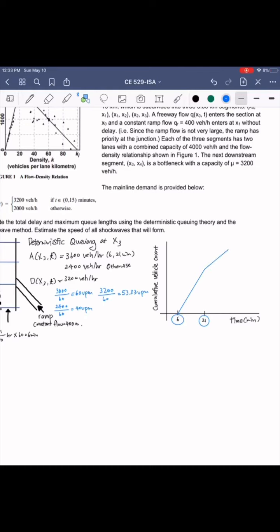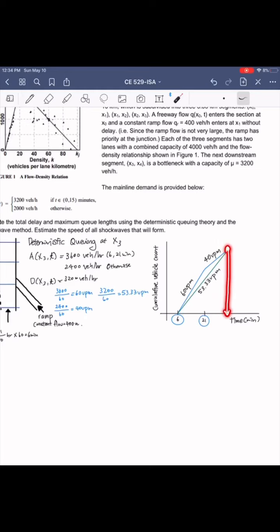And let me draw the departure curve in green. So it'll be 53.3. Let me label them. So it's 60 vehicles per minute, and this is 40 vehicles per minute, and the departure curve is 53.33 vehicles per minute.